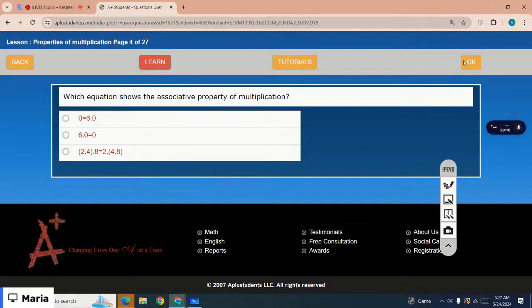Associative property is the one that has three numbers involved. Where is sigma? What is sigma? I didn't get what you are asking. The correct option is option number 3, that is the associative property.